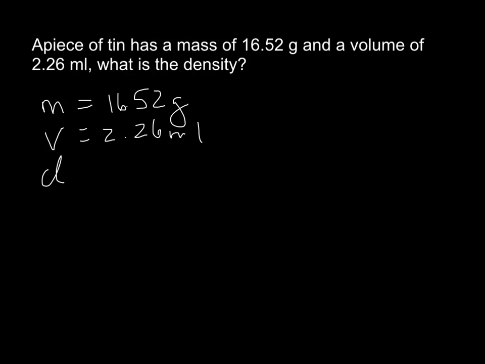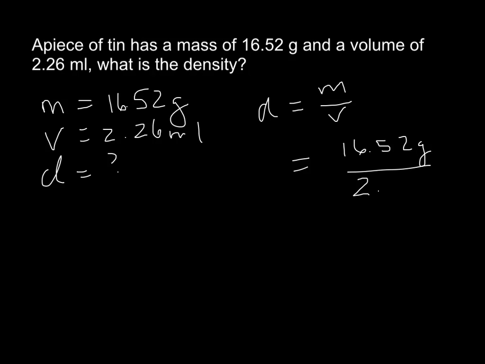And what we're looking for is the density. Okay, so let's write the formula. Density is equal to the mass divided by the volume. So write in the mass, 16.52 grams. Write in the volume, 2.26 milliliters. And then do your division, and let's see what you get.